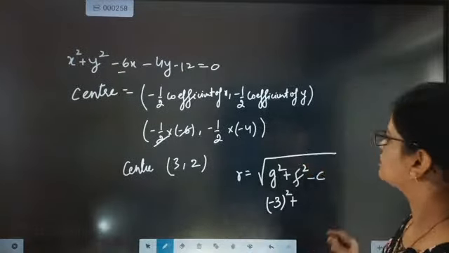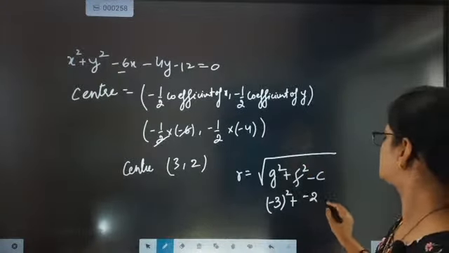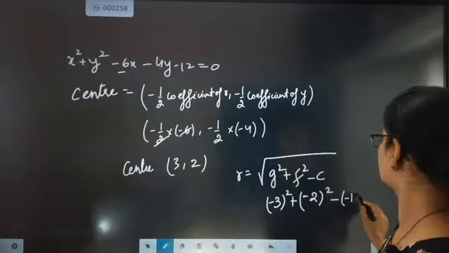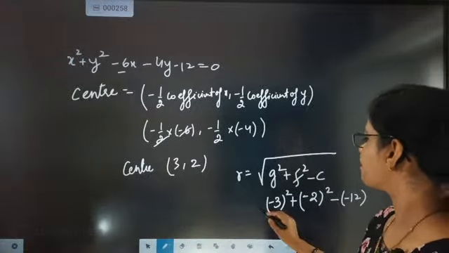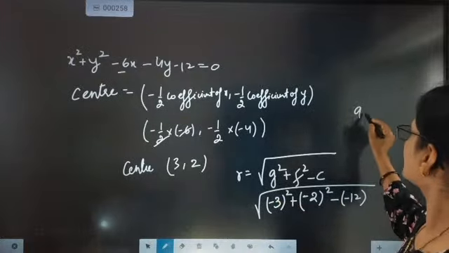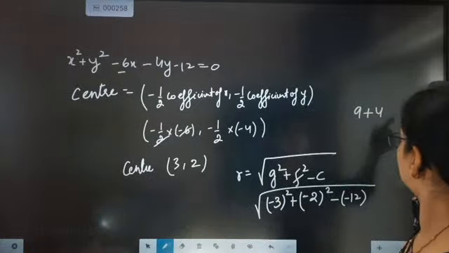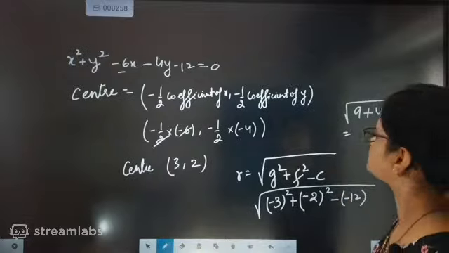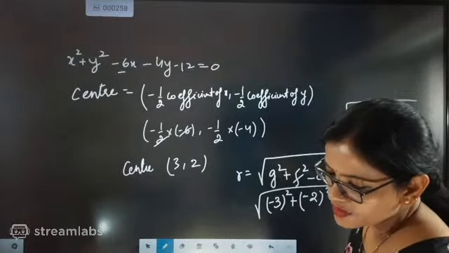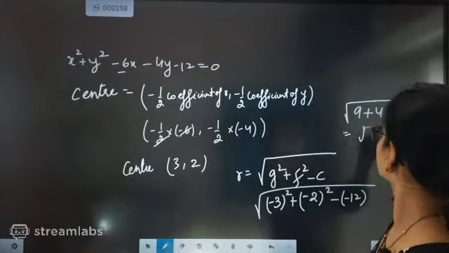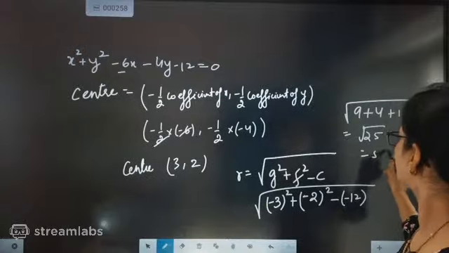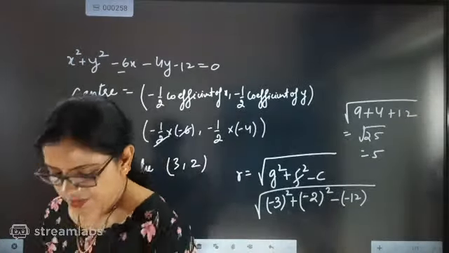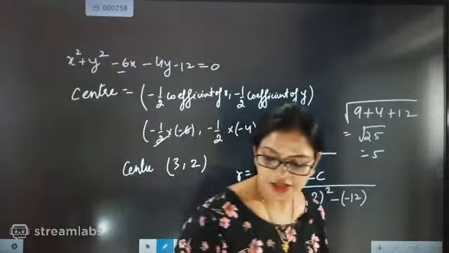What is f? What is c? 9 plus 4 plus 12, root under 25. So the radius is 5. The radius is coming as 5.